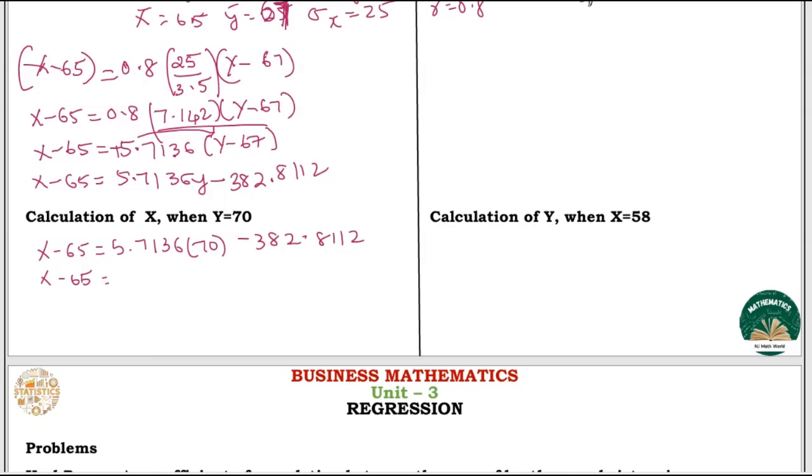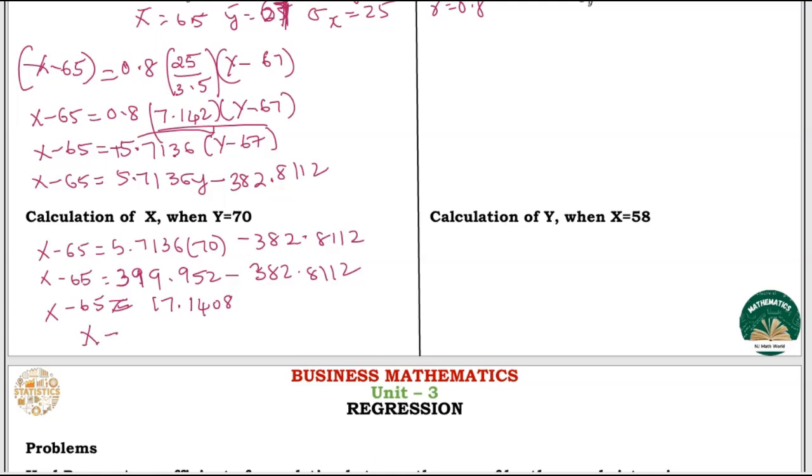So if you multiply here, 5.7136 into 70 will be 399.952, minus 382.8112. You need to subtract, so x minus 65 equals 17.1408.